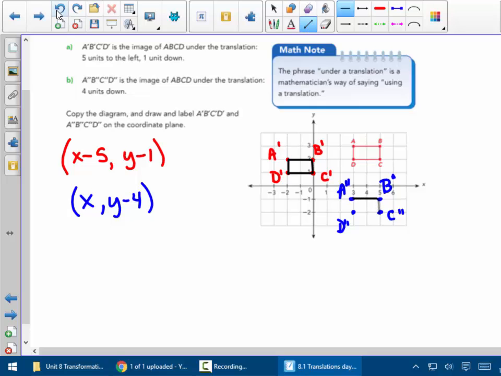I'm going to move that over just a tad. And I've completed a rectangle ABCD, moved first to the prime image where we went 5 left and 1 down, and then to the double prime image, just 4 down.